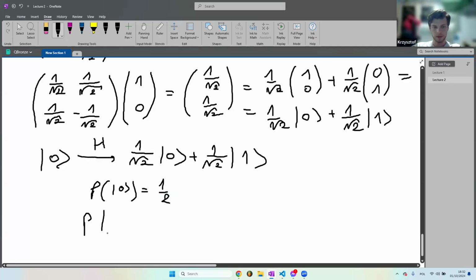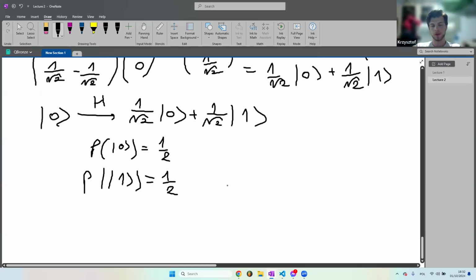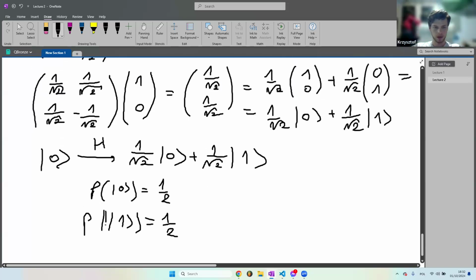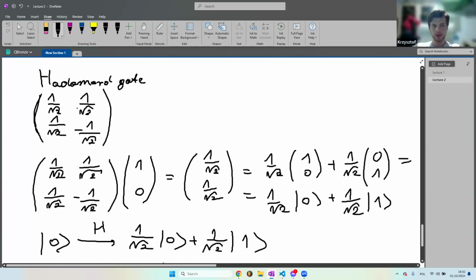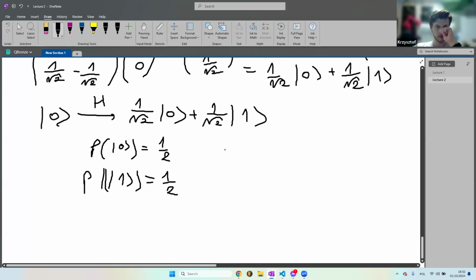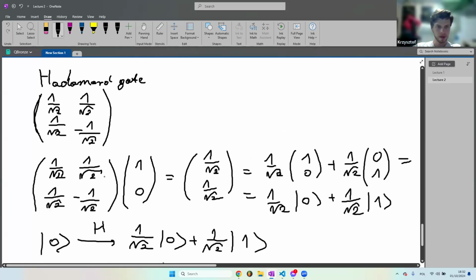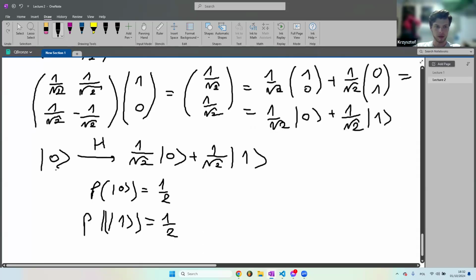And the probability of measuring the 1 state is also 1 over 2, because 1 over square root of 2 squared is equal to 1 over 2. And this is a very special gate because it allows for the phenomenon of superposition to occur and to take different measurements.